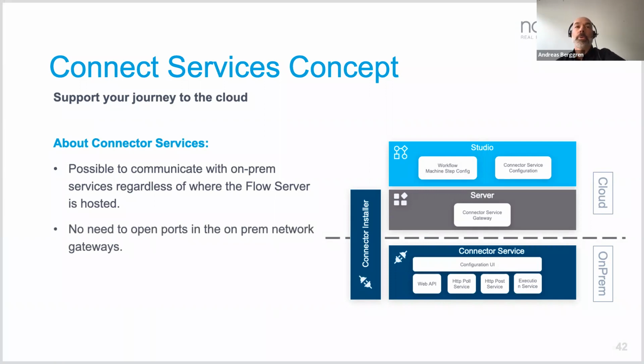No need to open ports on the on-prem network, because this service will connect to the Flow server. And this connector service is released independently from Flow server releases, so it will continue to get new functionality all the time.